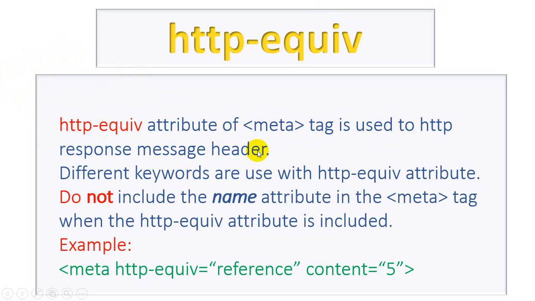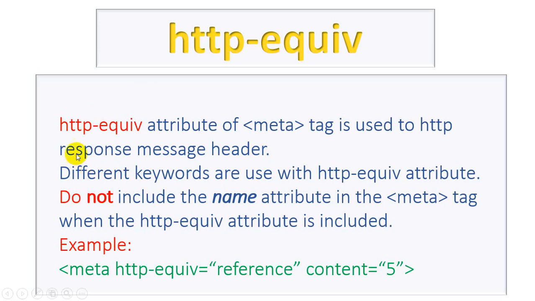HTTP is the hypertext transfer protocol equivalent, meaning it sends some information in the header section and tells the server which type of information you store inside your header or inside your page. So the server can predict or get information from your HTTP equiv.